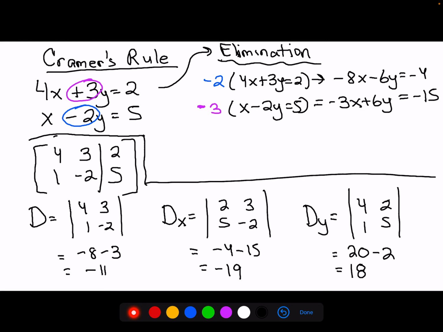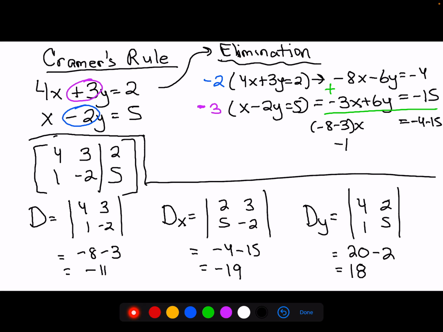All right, so now we're all set. We can do our addition. When we do our addition, we have negative 8 minus 3 for the x. The y's cancel out, these come out 0. And then we have the negative 4 and the negative 15 on the other side of the equal sign.